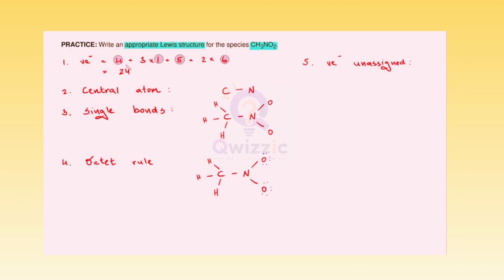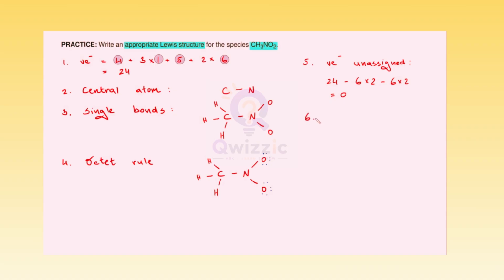And we are going to take our original number, 24, minus, as we said, we have 6 bonds, so that'd be 6 multiplied by 2, and then we're going to subtract our lone pair electrons, so that's another 6 multiplied by 2, which gives us no electrons unassigned, meaning none of our central atoms will get any lone pair.